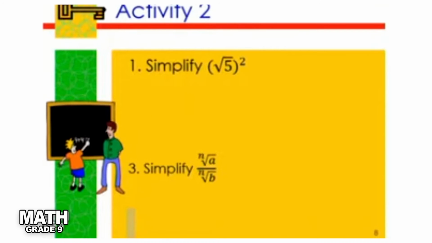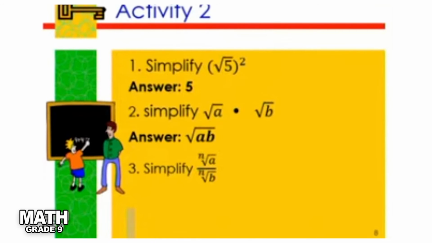What is your answer? Very good. The answer is 5. What law of exponent did we use? Correct. The power of a power rule. I hope you got the correct answer.